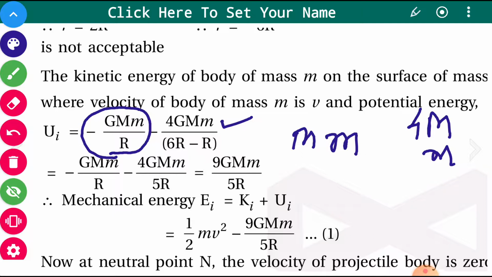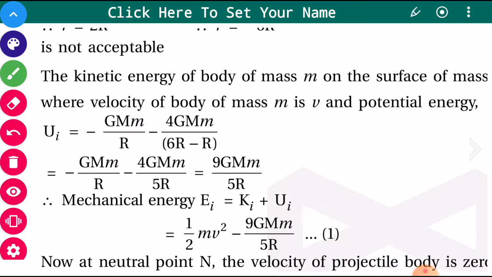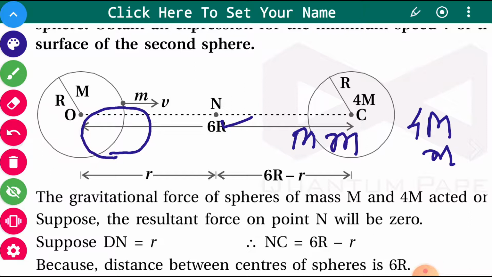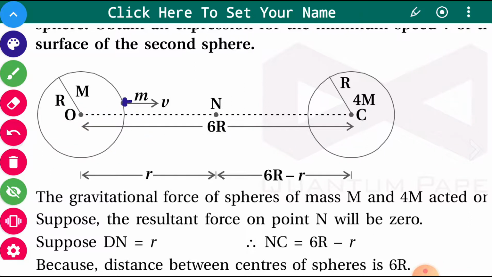Okay, the total distance is 6r. So the potential energy when the object is lying here, try to understand, when the object is here, what is the distance of the object? Say for example it is here, then this distance will be 6r minus this, that is r, that is 5r.